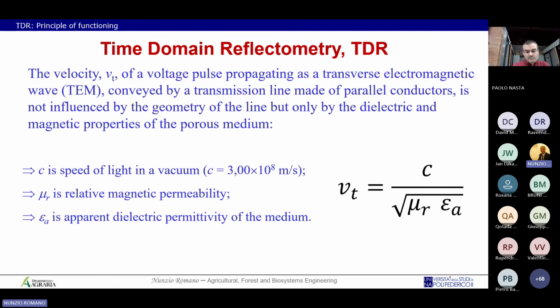The Vt, the velocity of the transverse wave, depends on the speed of light, which is a constant, the speed of light in the vacuum, and then over the denominator is the square root of the relative magnetic permeability and the apparent dielectric permittivity of the medium.